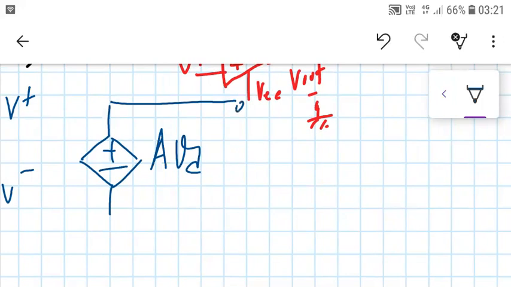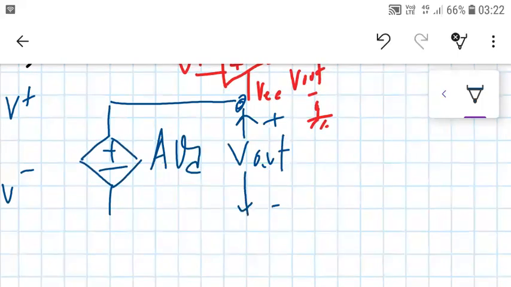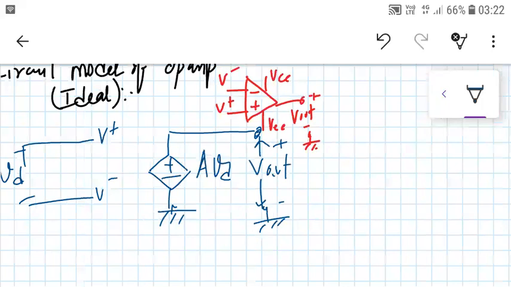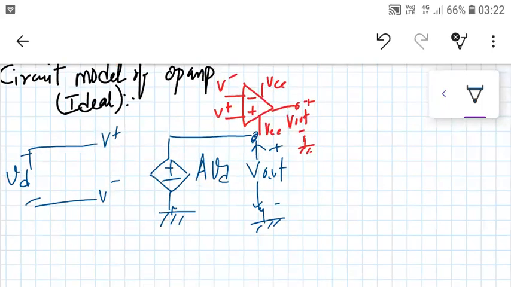And here is my output, V out, with respect to ground, and this is also grounded basically. So this is my circuit model of an op-amp, an ideal op-amp.